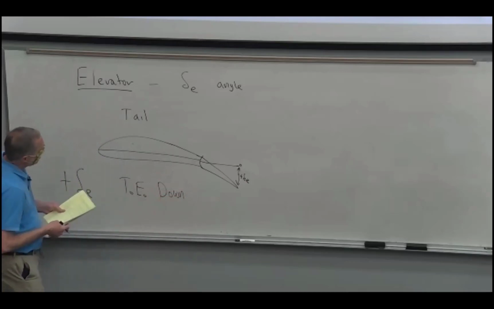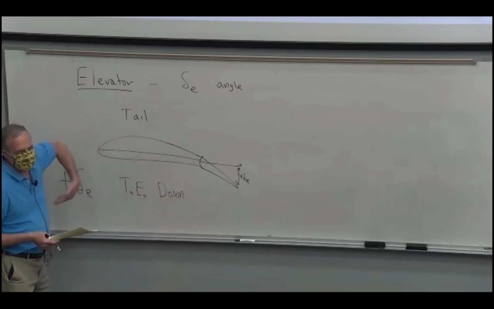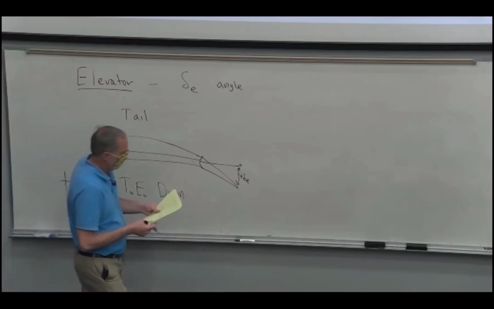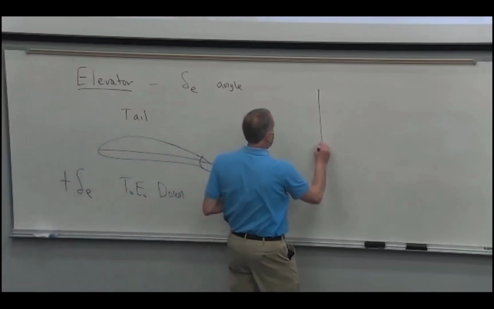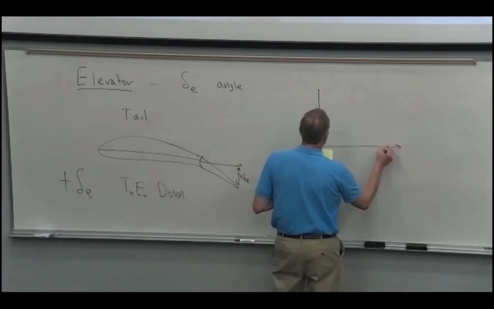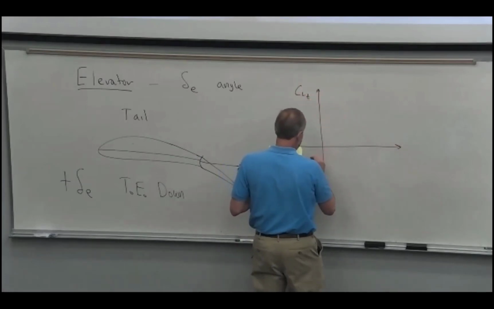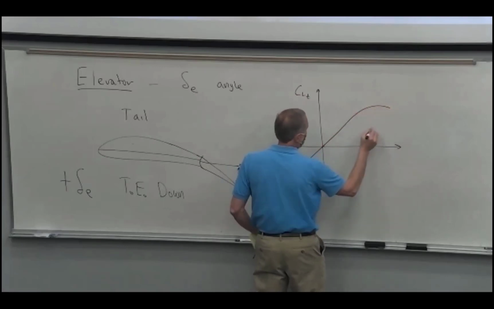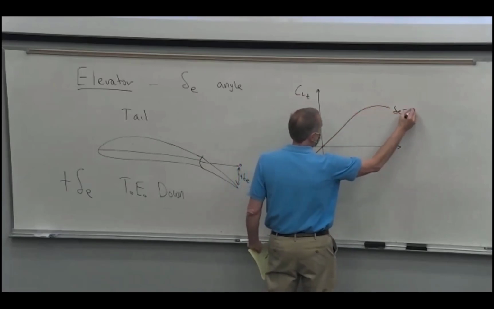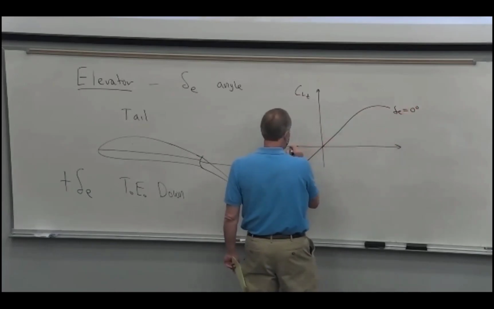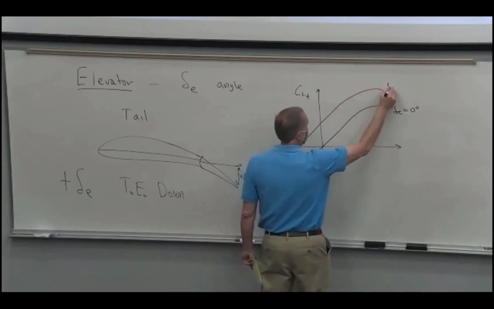And so you look at that and you go, you're increasing the camber, so the lift is going to increase. So if we plotted the lift of the tail, let's say it's a symmetrical airfoil, so it goes through like that. This is for 0 elevator. If we deflect the elevator, the lift goes up like this.